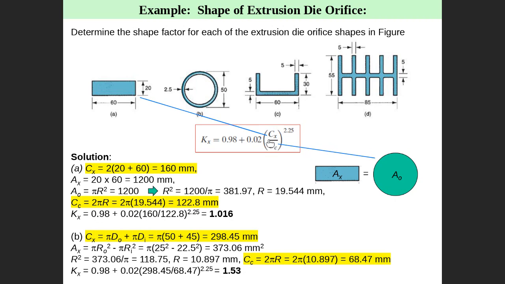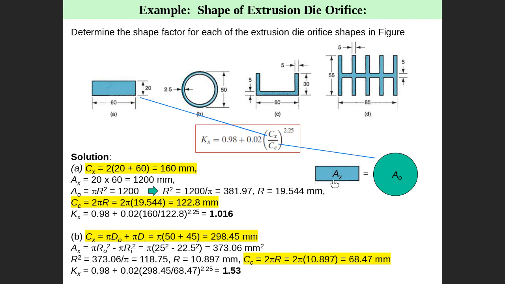We convert the actual shape to a circular shape and make a comparison. Then we can obtain the shape factor. Do you get it? This is the idea.